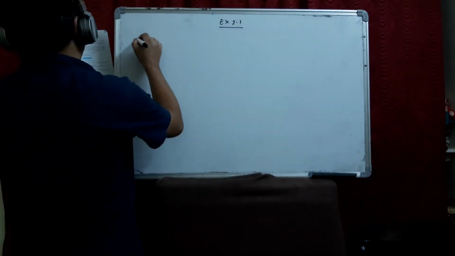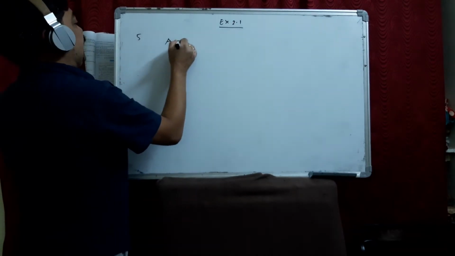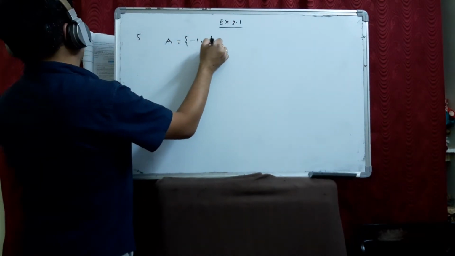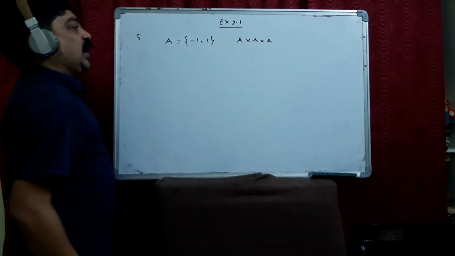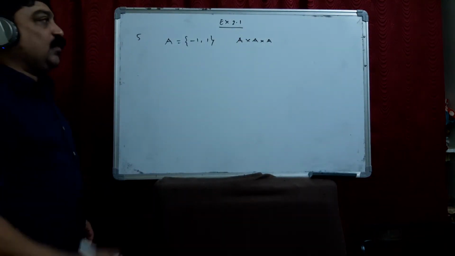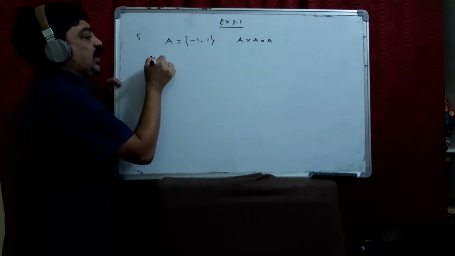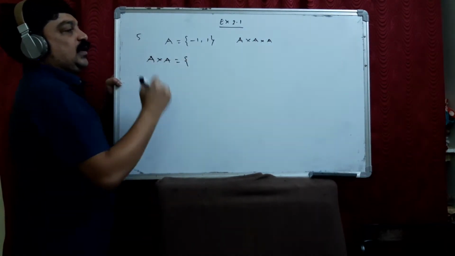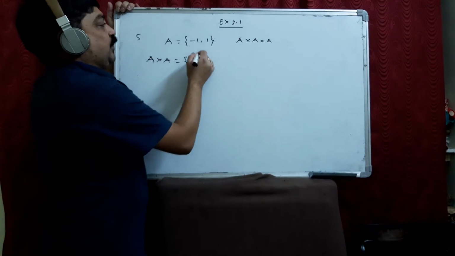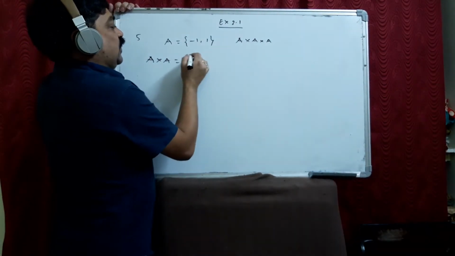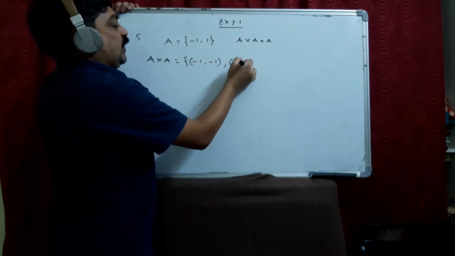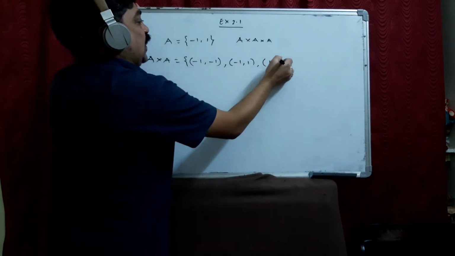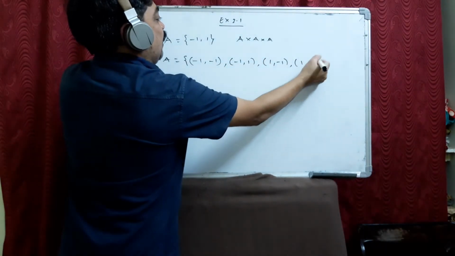See, in the fifth question, you are given A as -1, 1, and you are asked to find the cross product, the Cartesian product. So first what do we do? We do A cross A. A cross A will be (-1, -1), (-1, 1), (1, -1), (1, 1).